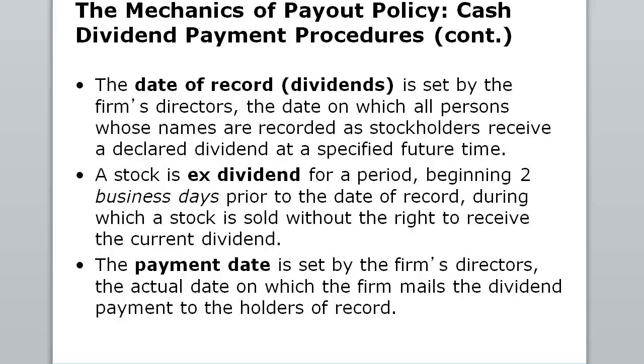So there's a period between the ex-dividend date and the date of record where if you buy the stock, you're not going to get the dividend. So if you own the stock and you're qualified for the date of record, you will receive the dividend payment on the payment date.